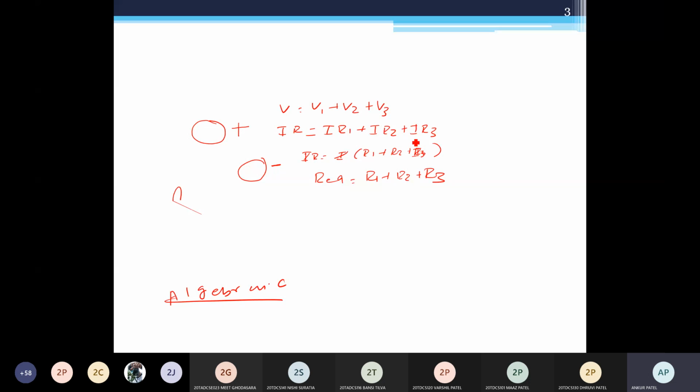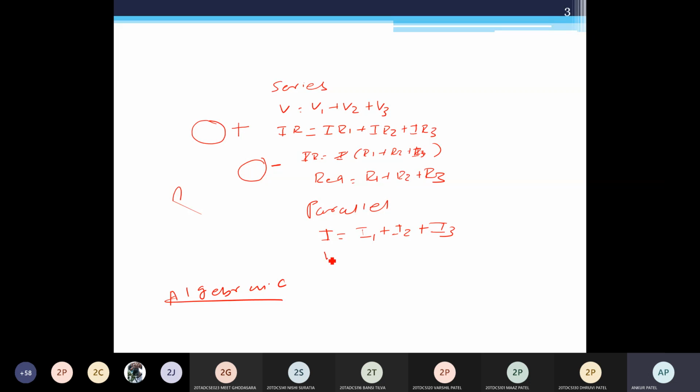This is for our series connection. In parallel connections, voltage remains the same. Now for parallel connection, suppose we have three resistors in parallel. Voltage remains the same, current remains different. So I can write I is equal to I1 plus I2 plus I3.